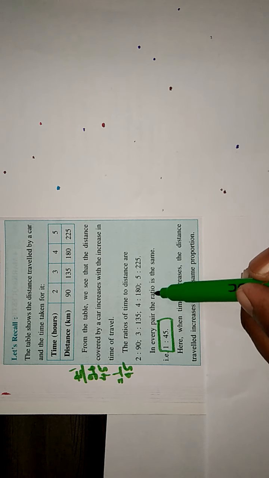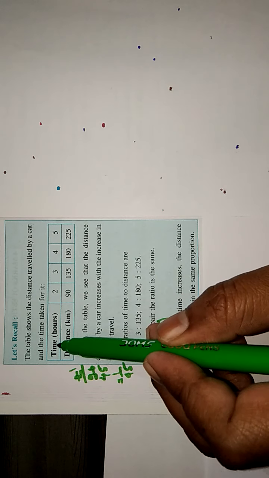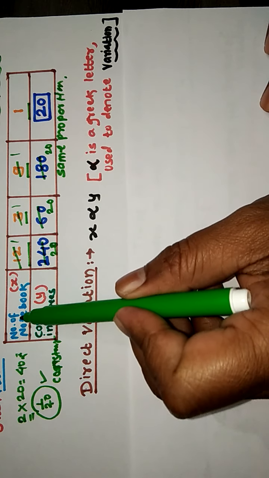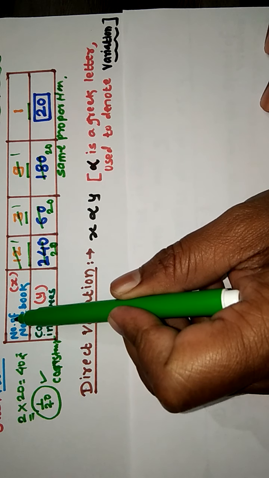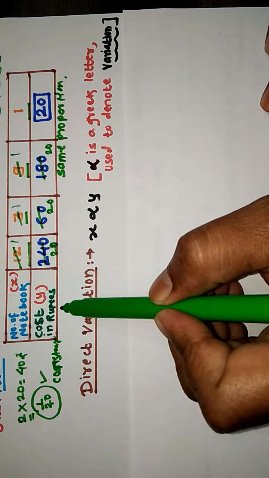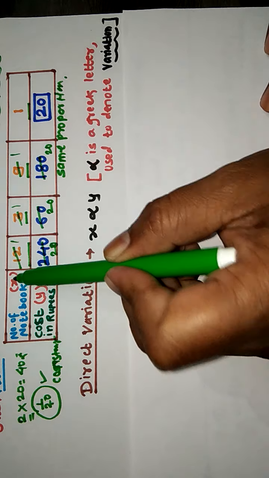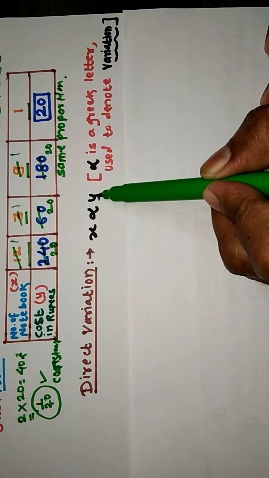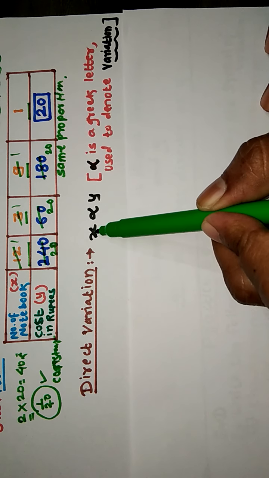Now we see how we can write the variation between time and distance. See here, the variation between the number of notebooks and cost. If the number of notebooks is x and its respective cost is y, then we write x.